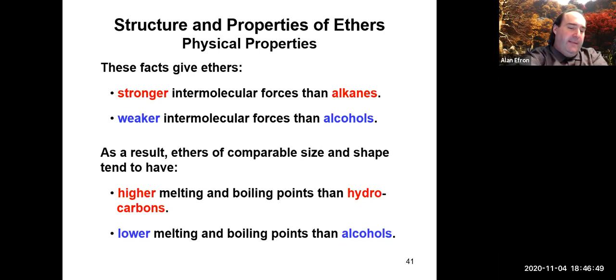Now, just because it does not have a hydrogen and cannot hydrogen bond with itself, it is still able to participate in hydrogen bonding with some other type of compound like water, for example.